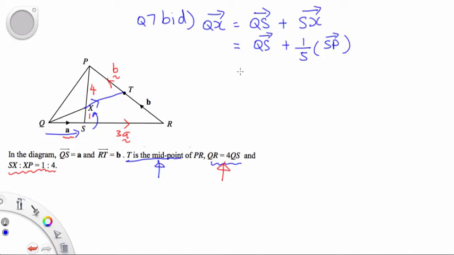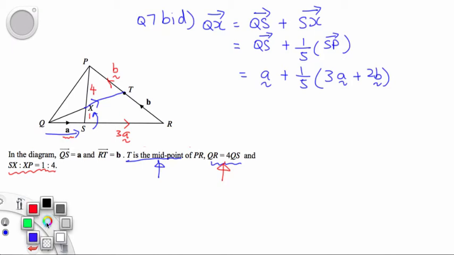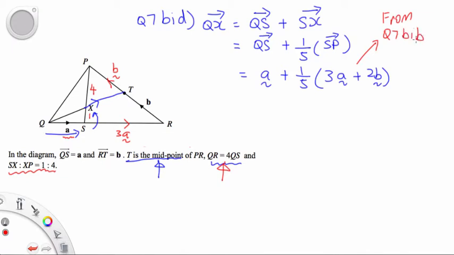Okay, continue. Now QS, I know the answer, so I can write down the vector is A plus 1 over 5. Okay, SP you have already found in part A. You have already found the answer earlier on. Okay, this is from, you have already found this earlier on.